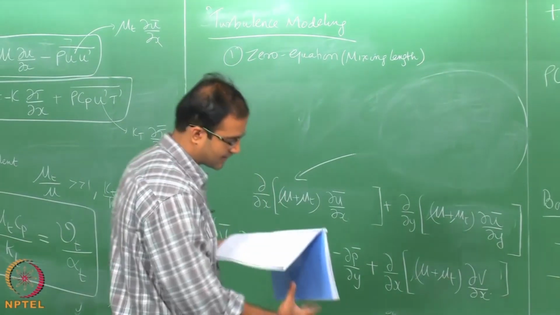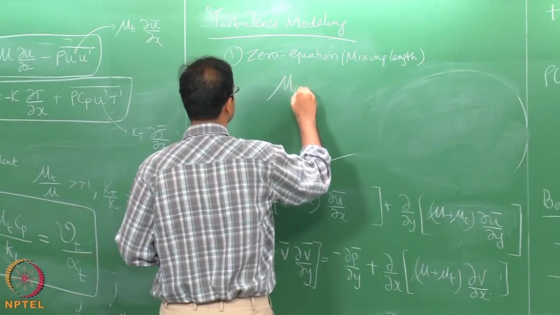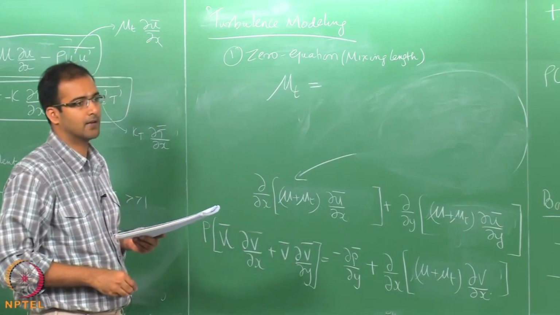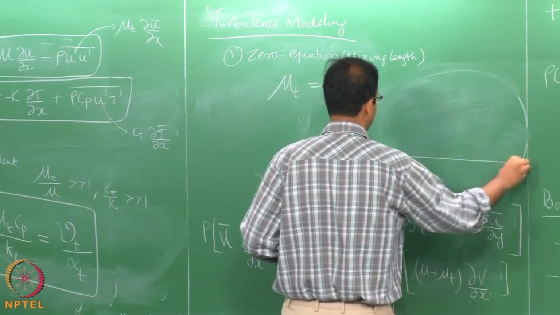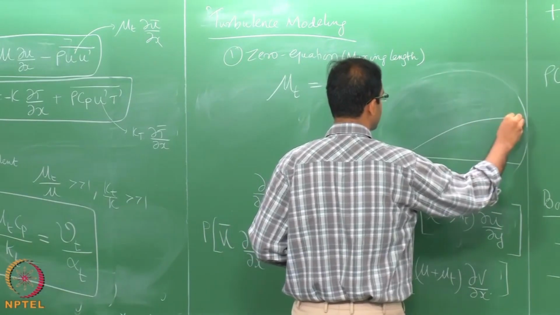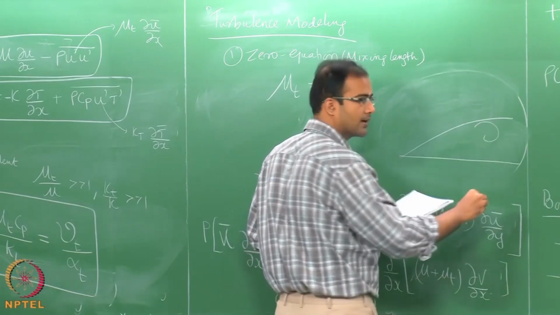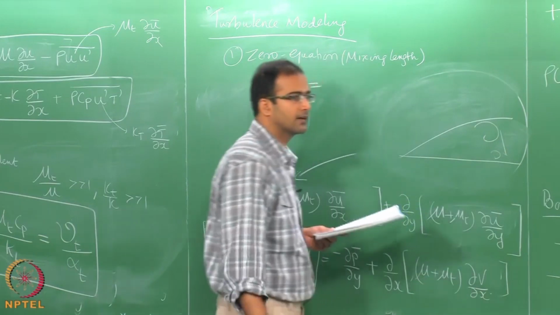What he suggested was to assume that the turbulent viscosity is a function of some length scale and velocity scale. When you look at the effect of turbulent scale, you have these large eddies which transfer energy to the smaller eddies through what we call cascading.